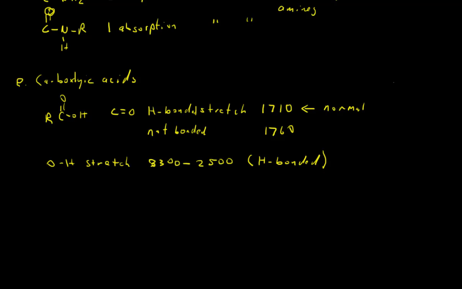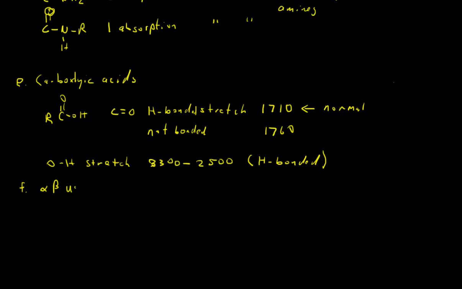And the reason I specified that is because when there's an unsaturation in conjugation or in resonance with the carbonyl group, that changes the frequency of the absorption. So what we're talking about now, finally, are alpha-beta unsaturated carbonyls.